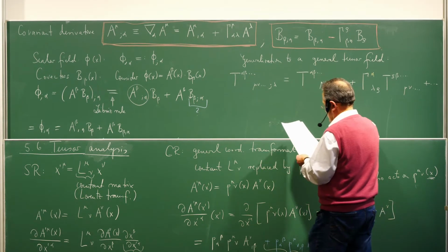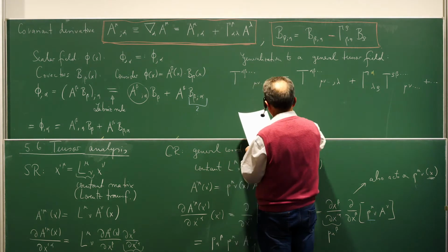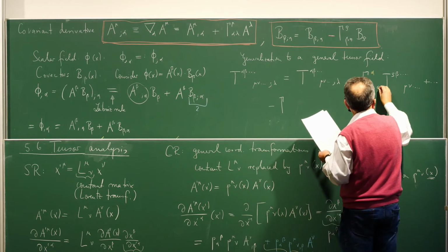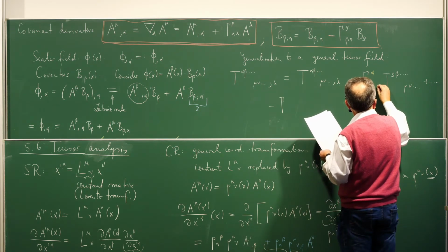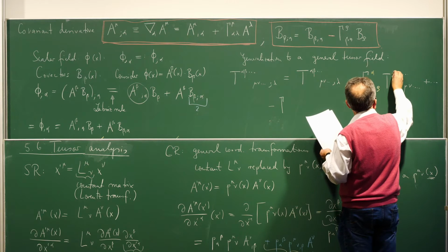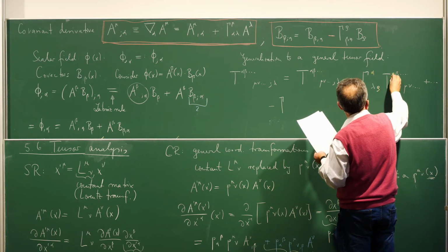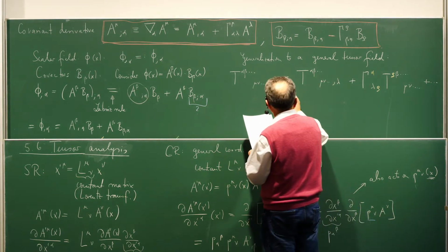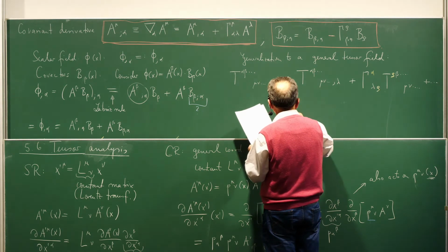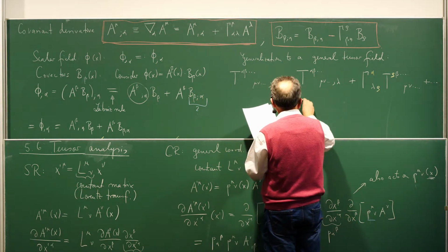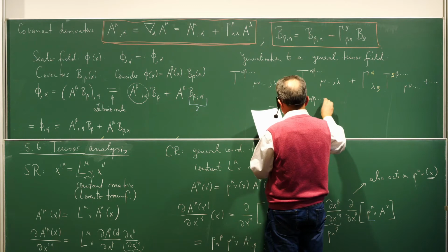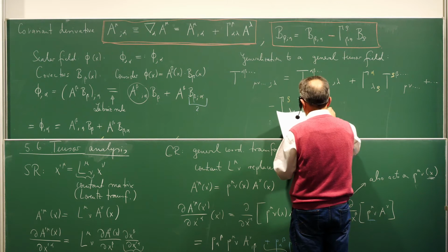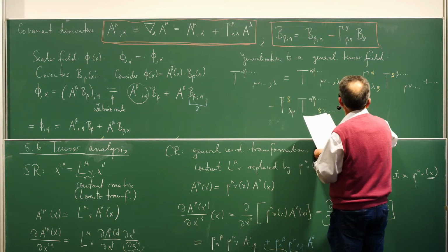And now for, say, the first lower index, we have then minus Γ. I should also indicate that we have the summation over ρ, which is upstairs, and the position of the index. And here we have Γ^ρ_λμ T^{αβ...}_{ρν...} and so on, minus.